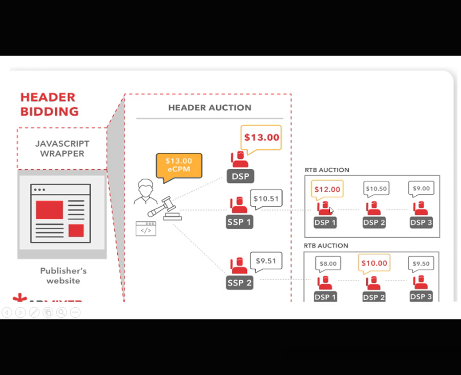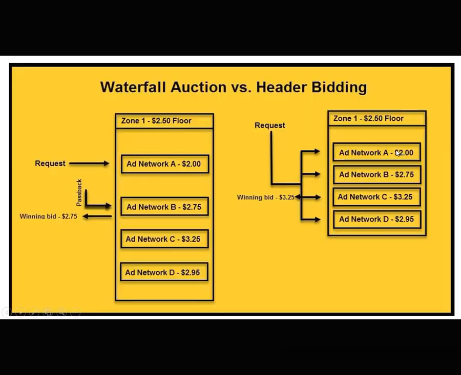In the RTB auction, a $12 bid has been received through a DSP, a $10.50 bid, a $9 bid, and $8, $10, 9.50. However, the highest bidder is the header bidding bid, and that is $13, and that ad runs on the site after going through all these stages.